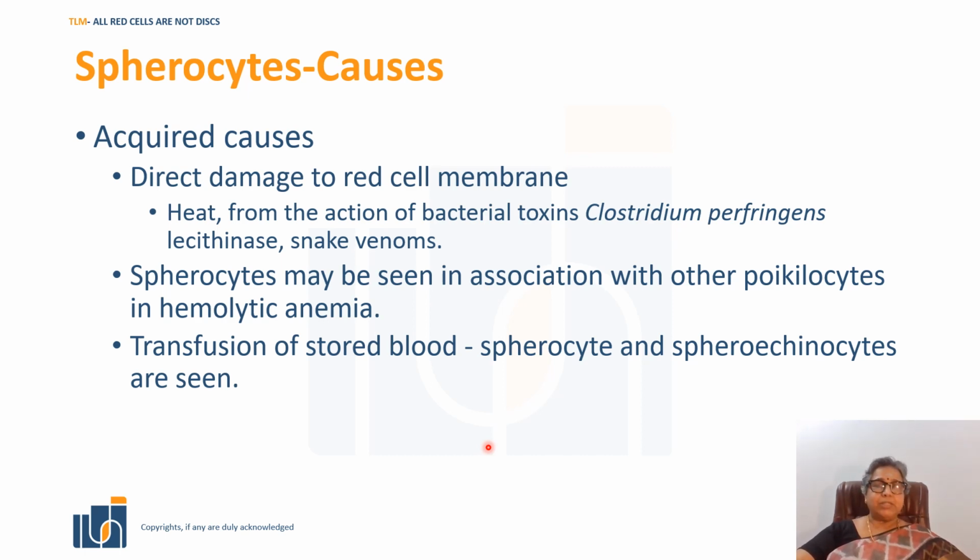Post-transfusion, the easiest method to diagnose whether this patient has been transfused, apart from of course calling up the doctor or the ward nurse and asking, is to look for evidence of, one, a dimorphic population of cells. Two, you will find spherocytes or spheroechinocytes.